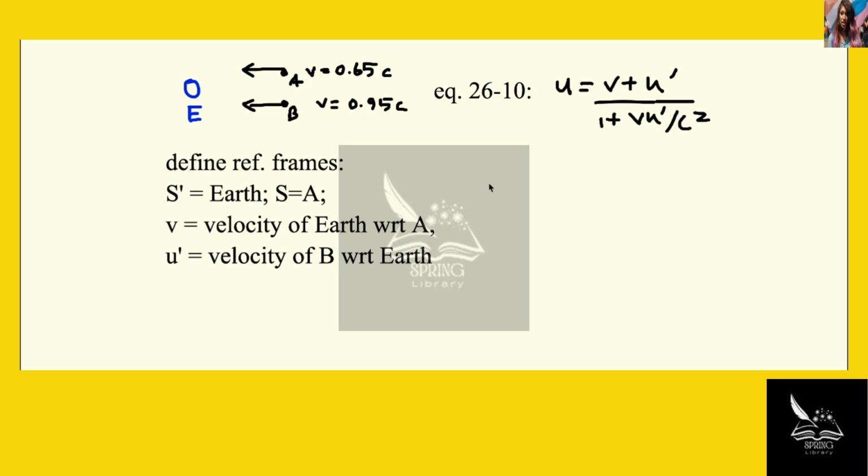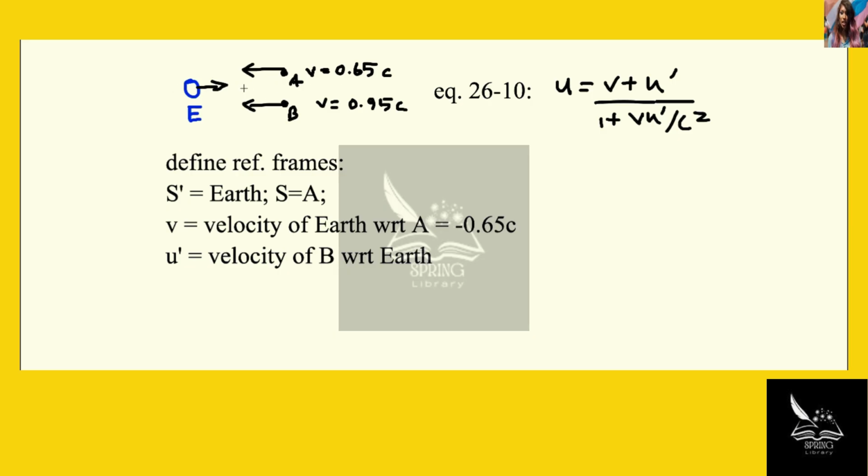And so what will these velocities be? Let's write them out. V will be negative 0.65 c, because A is traveling towards the Earth at that velocity. So the Earth will appear to move towards it with the same velocity, given that it is traveling along a straight line.